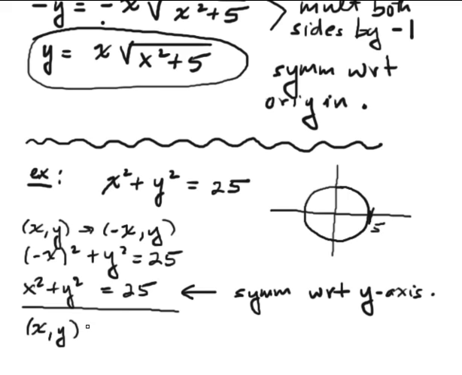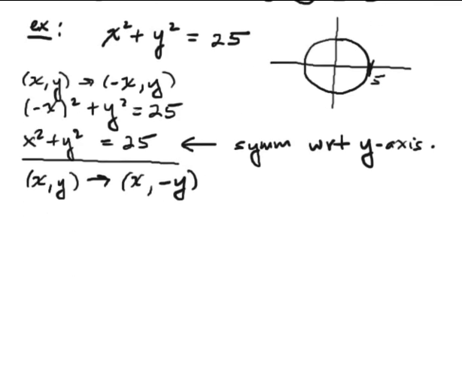If you do that for the test for x-axis symmetry, replacing y with minus y, it's really the same type of thing. Okay, there we replaced y with minus y.